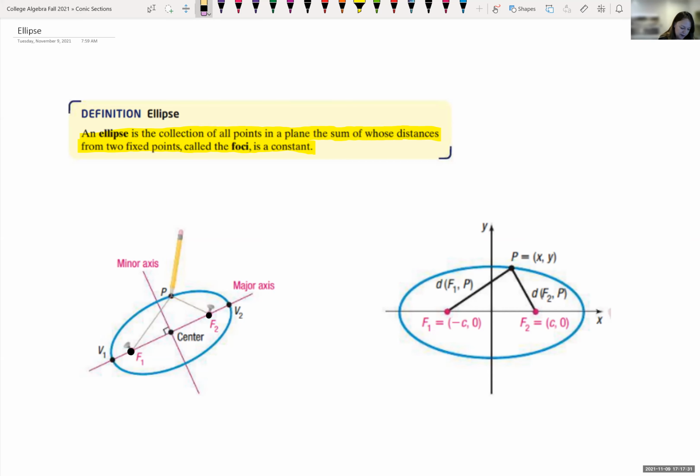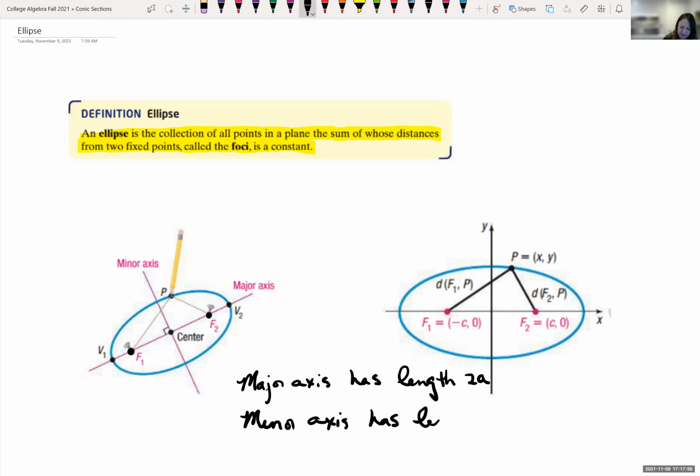So the major axis, let me write that down, has length 2a. I'll show you about a in a minute. And the minor axis has a length of 2b.